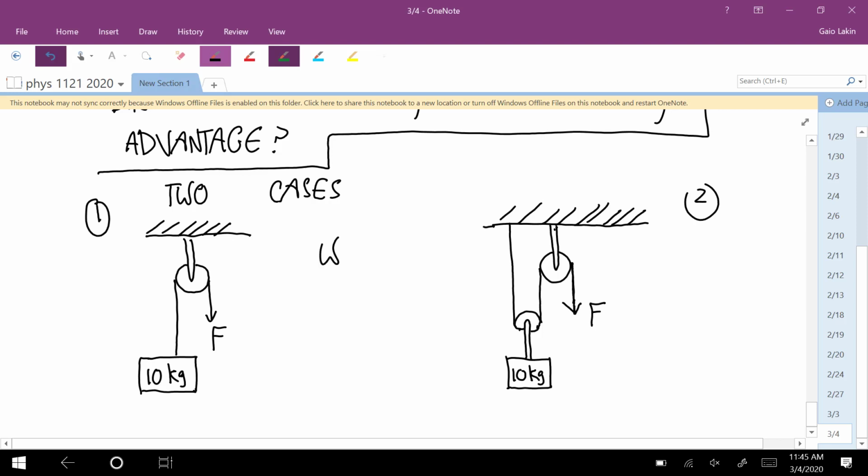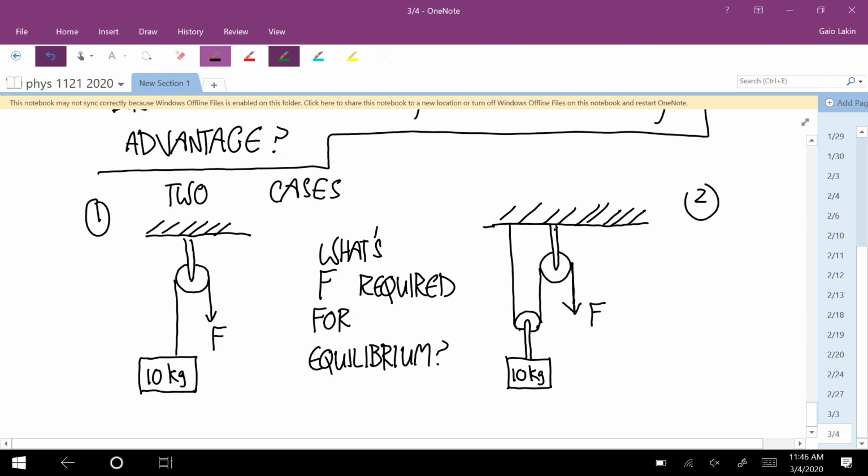So what's the F required for equilibrium, for a zero acceleration? Well, we started today by talking about this case. So for this to be at rest, what force would you have to apply to that cable?